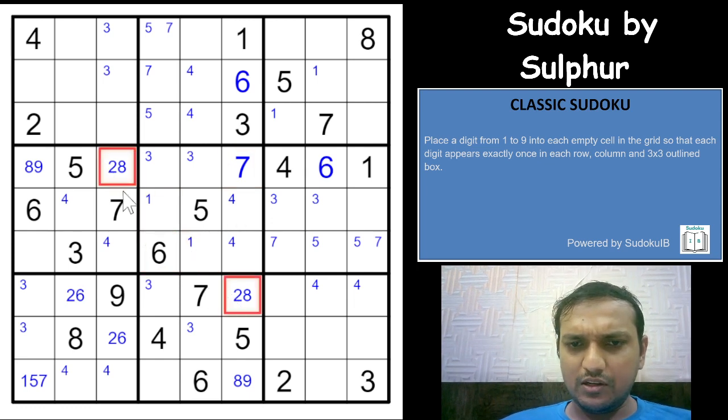So one of them will be 2 and 8, the other will be 8 and 9. Whatever be the case, 8 is in one of these two cells and in these two cells, so this has to be a 1 and 8 pair.